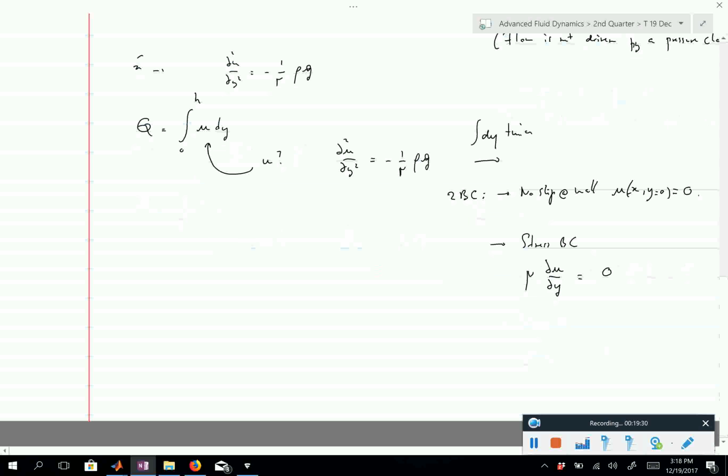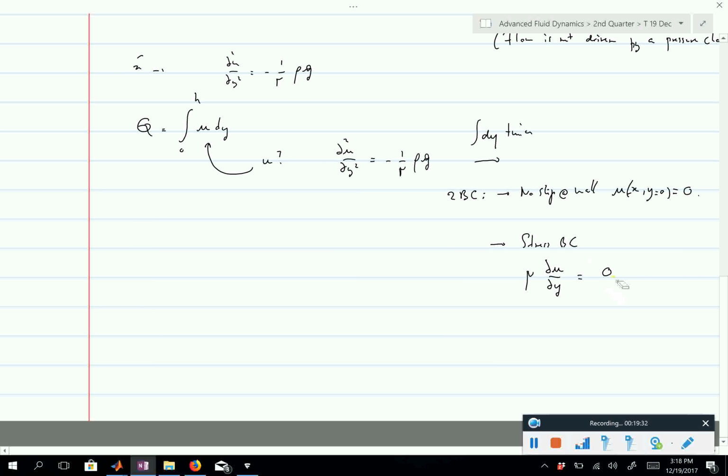So your second boundary condition is mu du dy, at any x and at y equal to h of x, is equal to 0. If you are to write a boundary condition in your exam, I want to see this, because this is my stress. I also want to see where you impose the boundary condition.